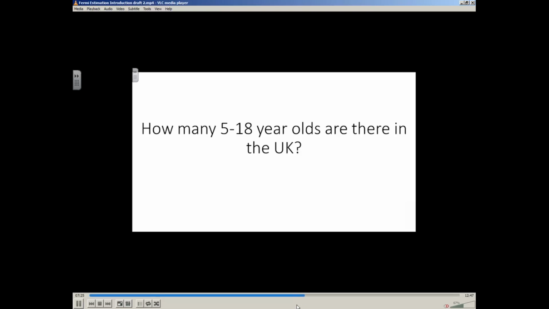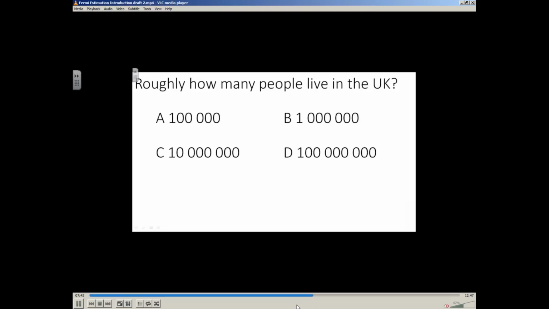Well, to come up with an answer to that, it's useful to have some general knowledge. It would be useful to think, well, how many people are there in the UK? No idea? Okay, let's write down some really, really round figure estimates. 100,000, 1 million, 10 million, or 100 million.